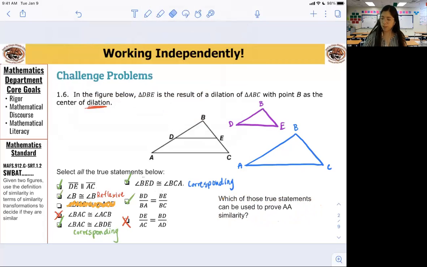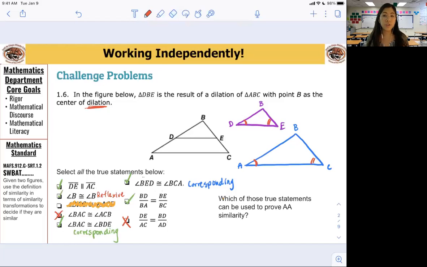E and F. Good. E and F can work. That would be BAC is congruent to BDE and BED is congruent to BCA. So that would be enough information because now I've got two congruent angles and that's all you need.